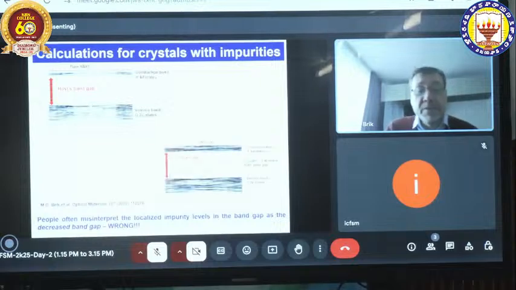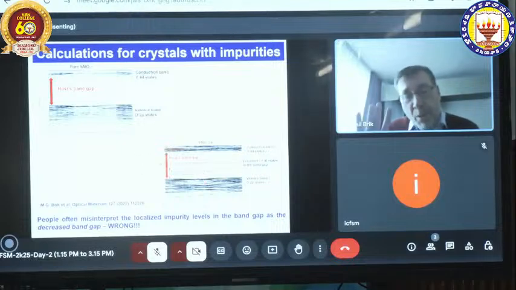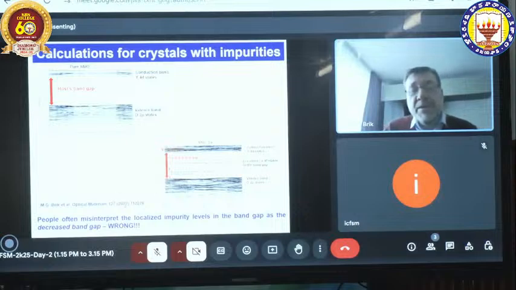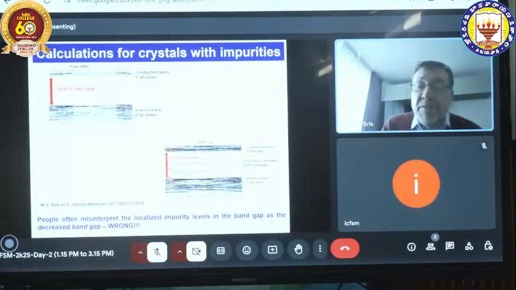What also can be important, since the band gap is underestimated by DFT, is one more point. People sometimes give very wrong statements. If they calculate the band gap of a crystal with impurity, some software like CASTEP, for example, automatically gives the band gap as the difference between the valence band and the first unoccupied state.